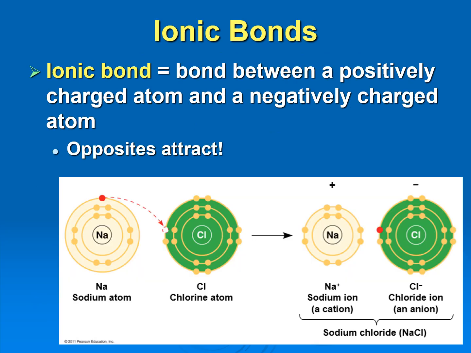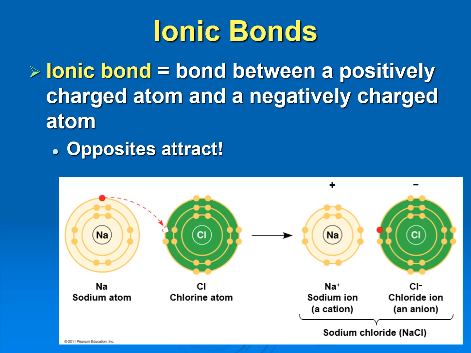Okay, so ionic bonds, these are just going to be a bond between a positively charged atom and a negatively charged atom. And the key to remember with these ionic bonds is that opposite charges attract each other.